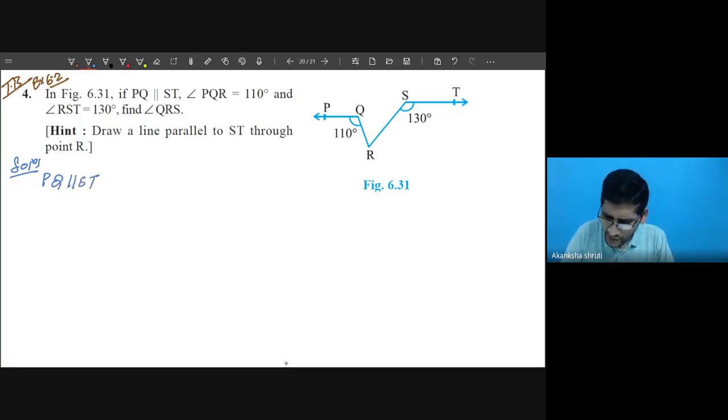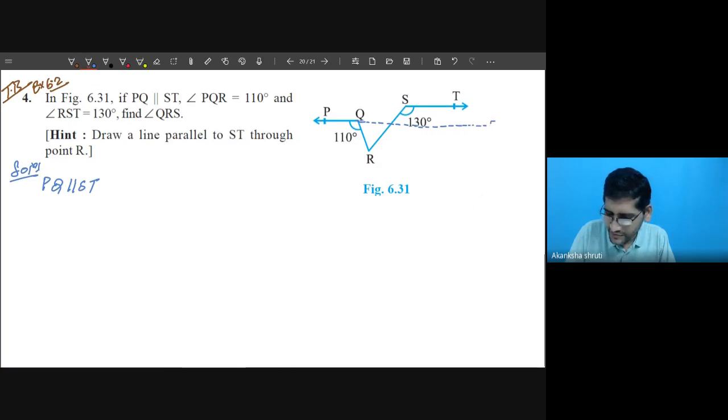This is the PQ and this is the ST. When it is parallel, you are free to extend this like this one. That will help you in understanding what is required and how to proceed.